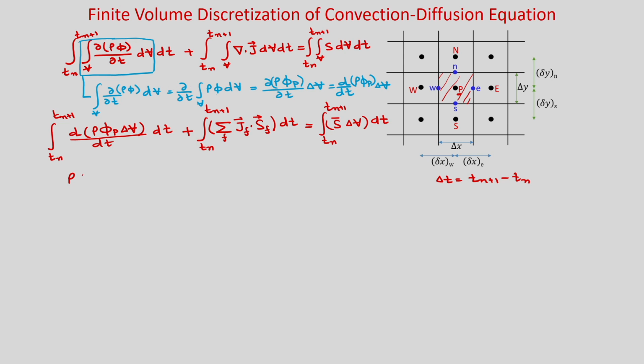So, this you will write as rho delta V times phi p n plus 1 minus phi p n.